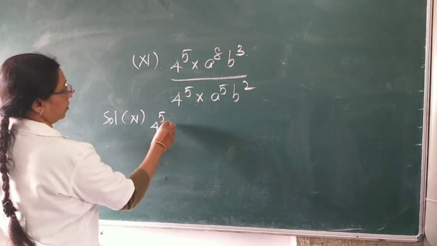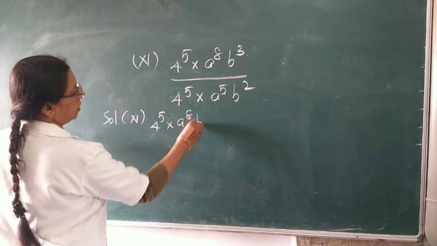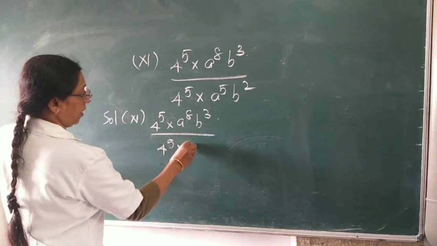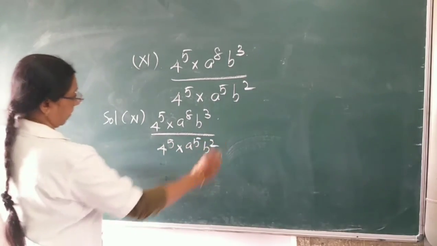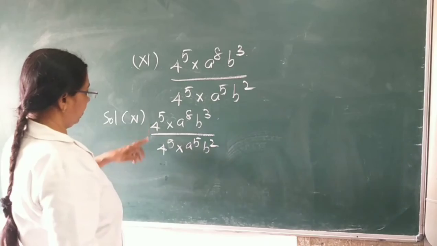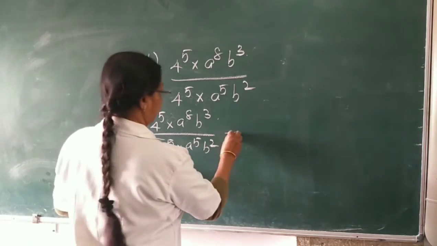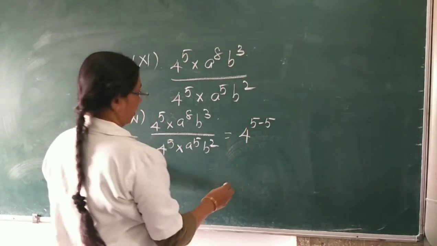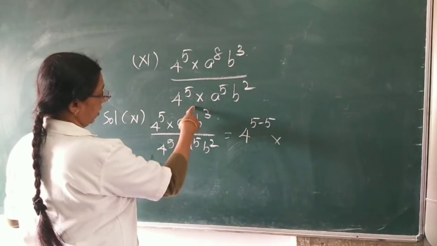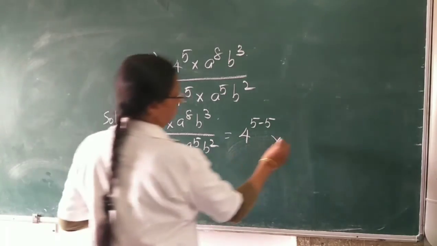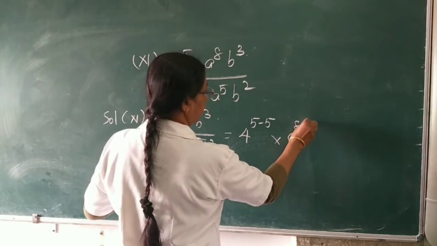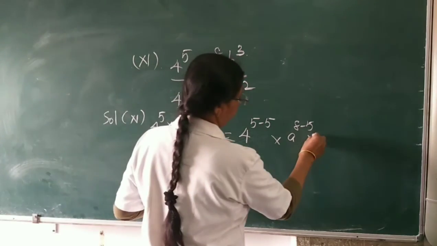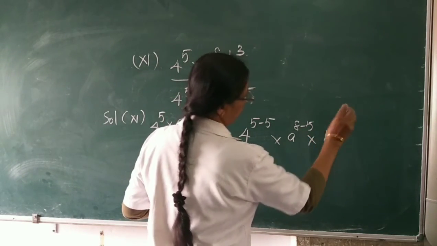4 raised to 5 into a raised to 8 b cube divided by 4 raised to 5 into a raised to 5 b square. Here 4 raised to 5 divided by 4 raised to 5. Then we can write 4 raised to 5 minus 5 into a raised to 8 divided by a raised to 5, a raised to 8 minus 5. b raised to 3 divided by b square, b raised to 3 minus 2.